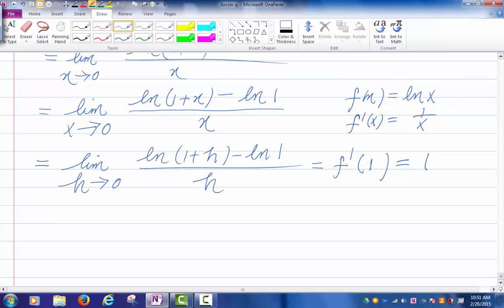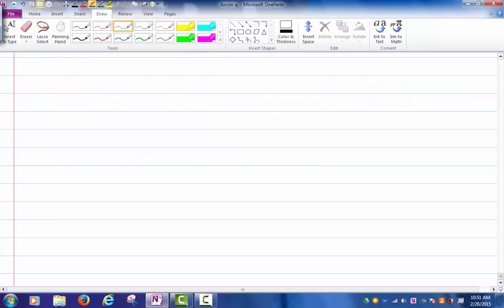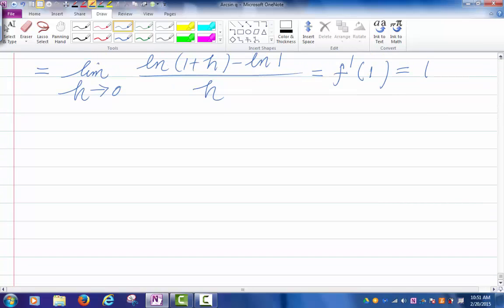So what we got is that the limit as x goes to 0 of e to the, what I had was e to the, what was that? (1 over x) times ln of (1 plus x), right?